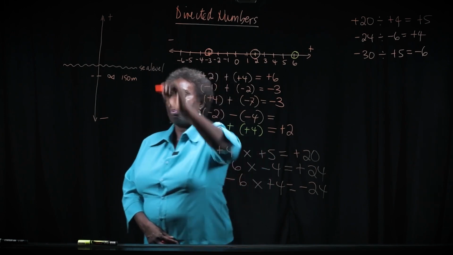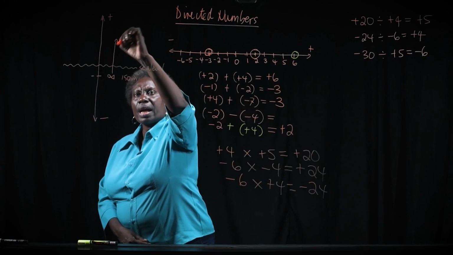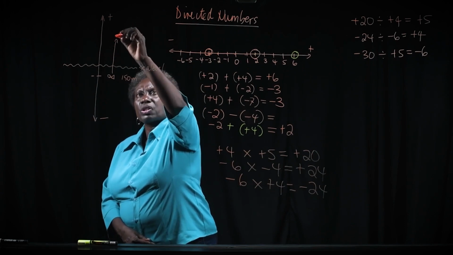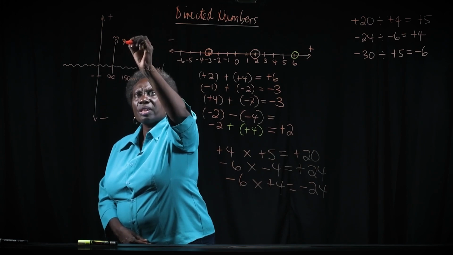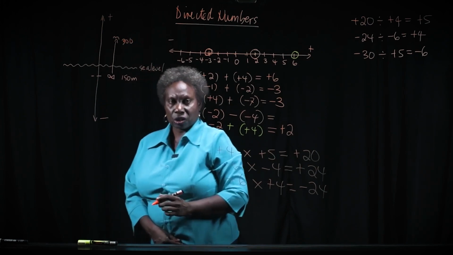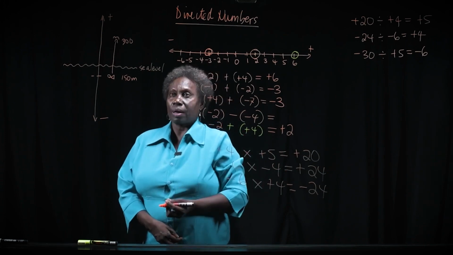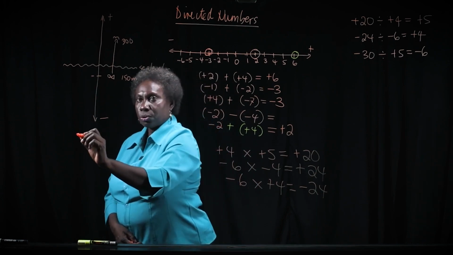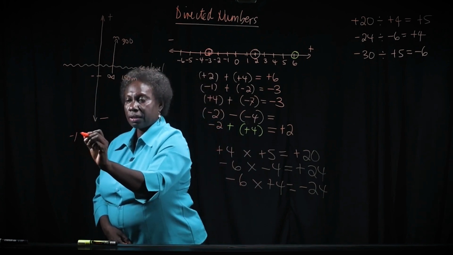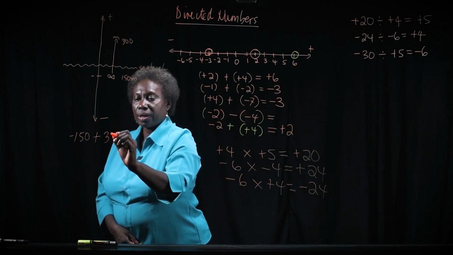And I have a bird flying at 300 meters above the fish. Now, I want to find out the height of the bird above sea level. So, what I am going to do, I have negative 150 plus 300.